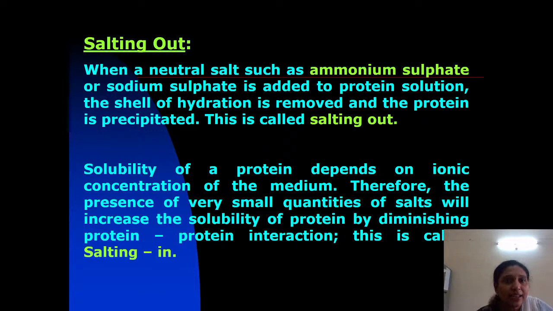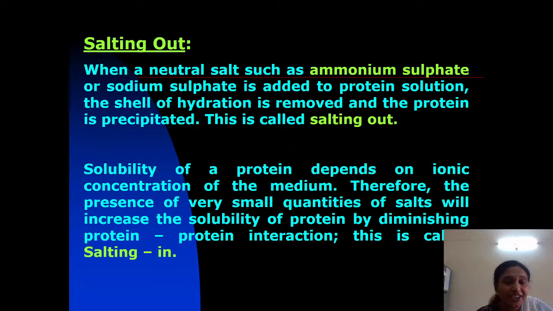And if in half saturation the filtrate does not contain protein, that means the protein has already been precipitated. That indicates the amount of salt you have added is sufficient to remove the protein.